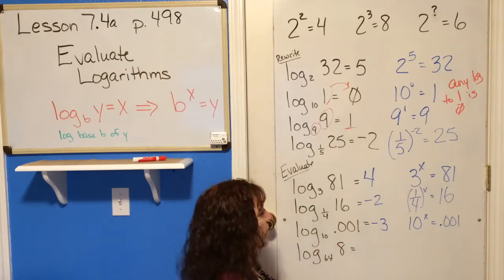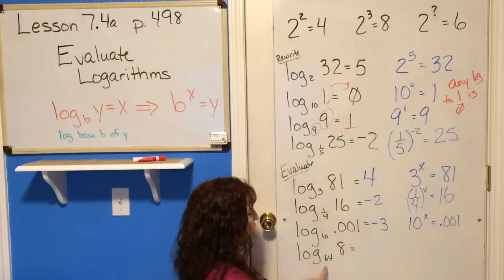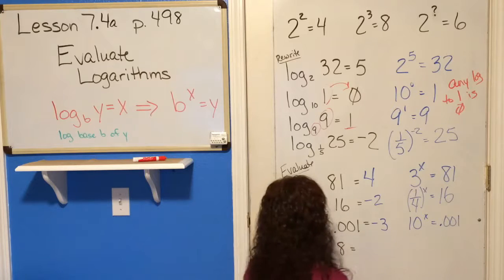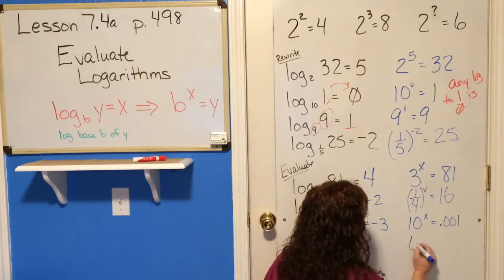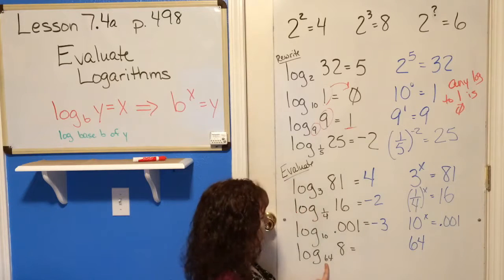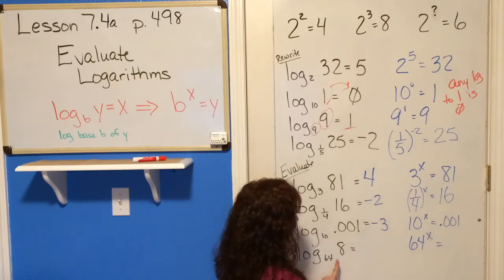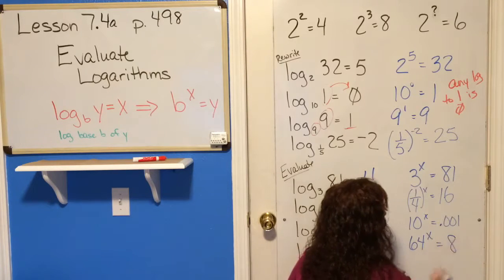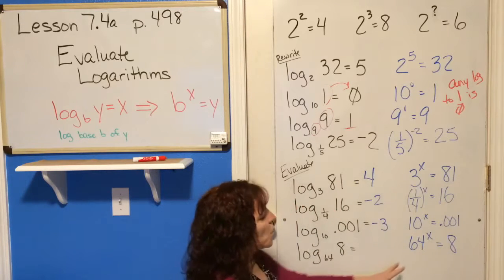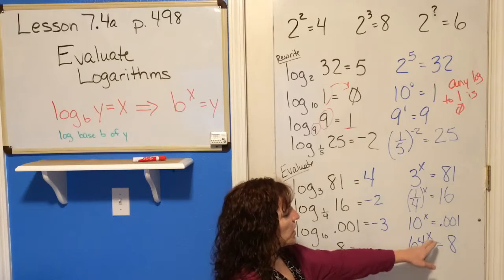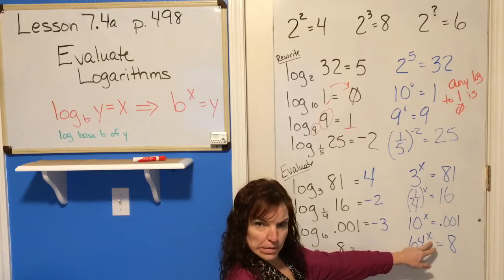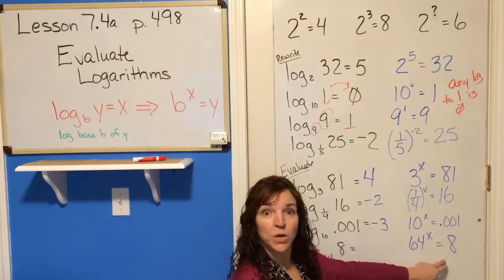Okay, so the log 64 of 8. So base 64. The 64 is our base. We don't know what the exponent is, and we want that to equal 8. So 64 to some power equals 8.